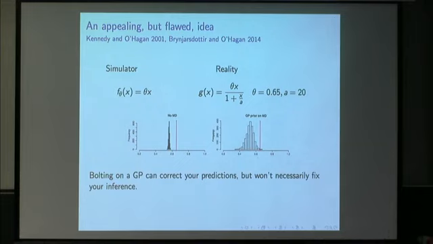They then say, well, let's do inference with the simulator, but bolt on a Gaussian process discrepancy, and it improves it slightly, but we're still wrong. You're less confident now. You've got a discrepancy term in your inference, but you're still getting the wrong answer. The true parameter value still lies largely outside your posterior. And this is something we see all the time in practice.